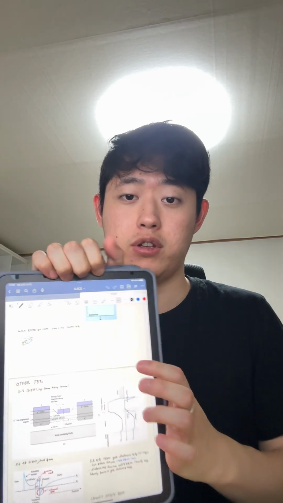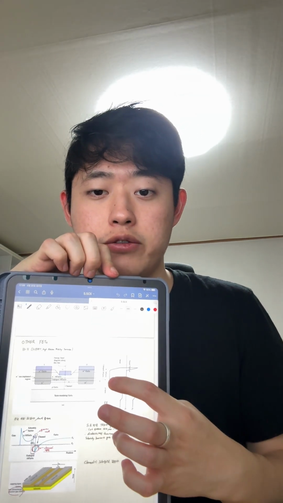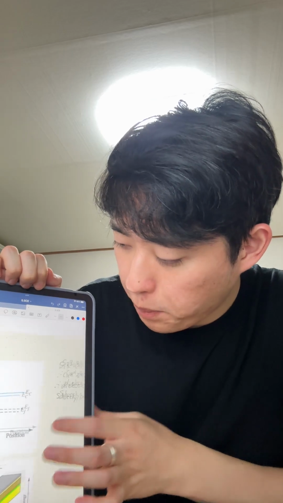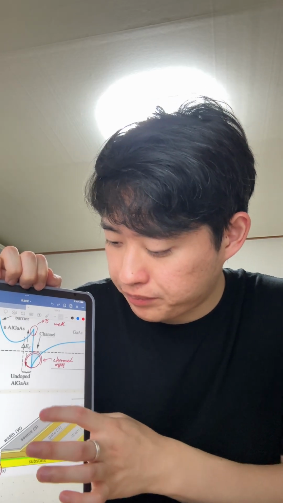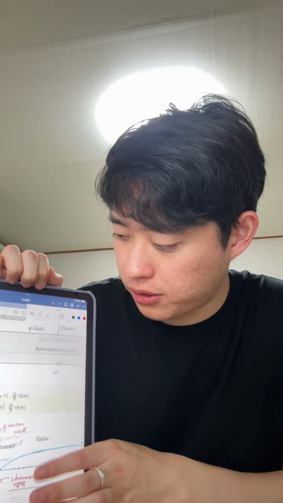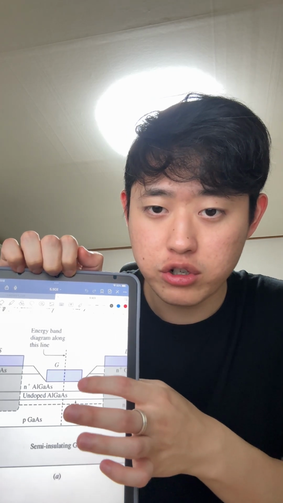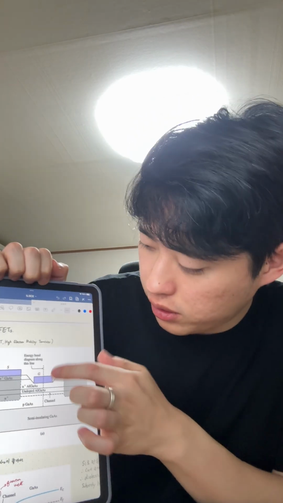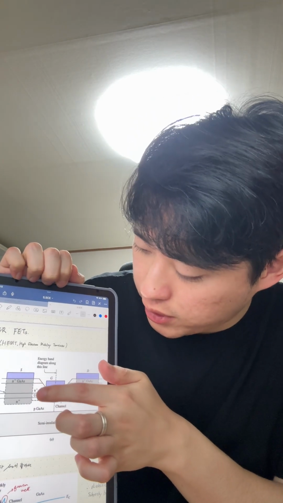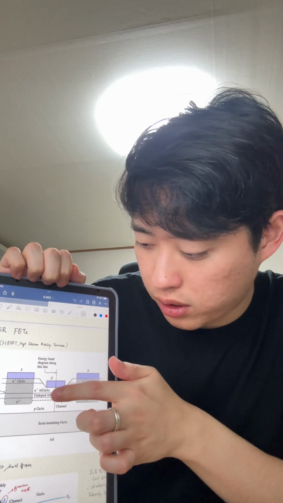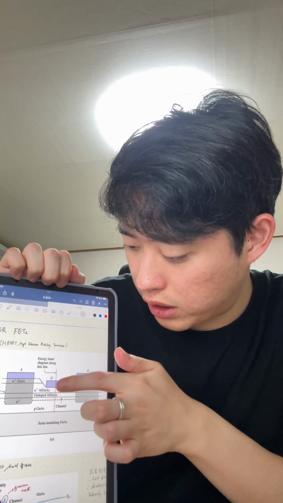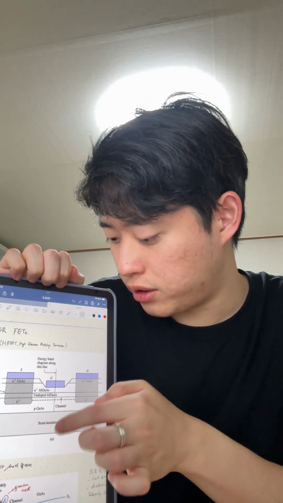So there are some other FETs. This is the 3-5 FET. This structure is like this: gallium arsenide or aluminum gallium arsenide, and like this.